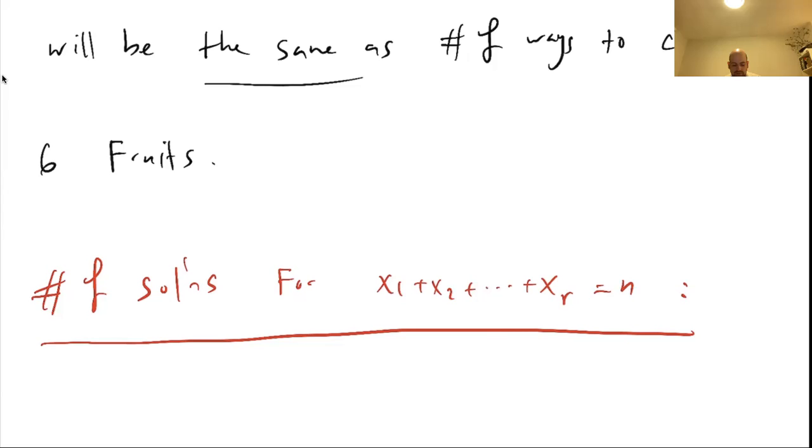So, theorem: let n be a non-negative integer, and let r bigger than or equal to 1 be a positive integer.